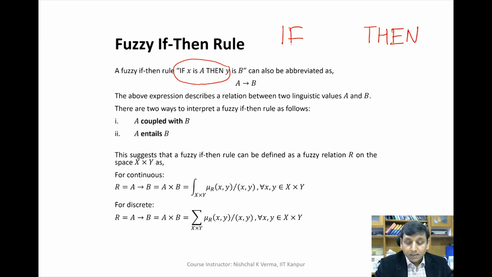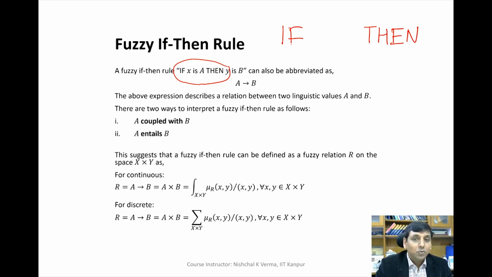So a fuzzy if-then rule, like if x is A then y is B, and we already know that if x is A is called the antecedent or premise, and in this rule the then y is B is called the consequence or conclusion part.